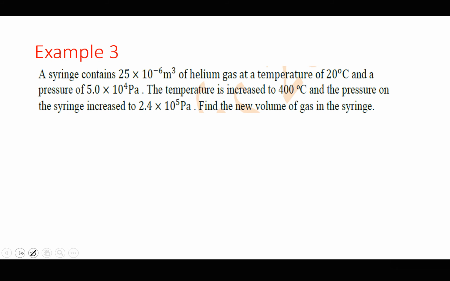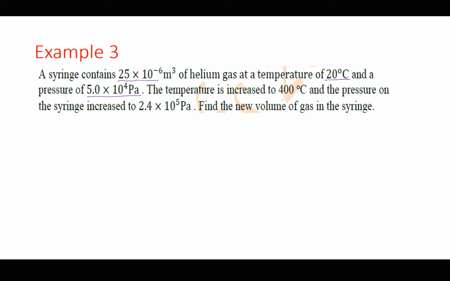Example number 3. A syringe contains 25 times 10 power negative 6 meters cubed of helium gas. So this is the volume at a temperature of 20 degrees Celsius and the pressure of that.